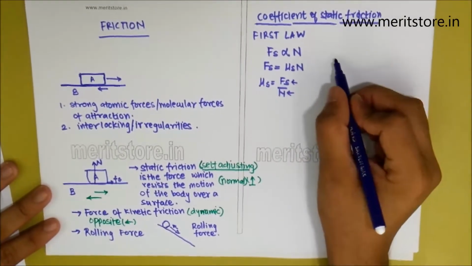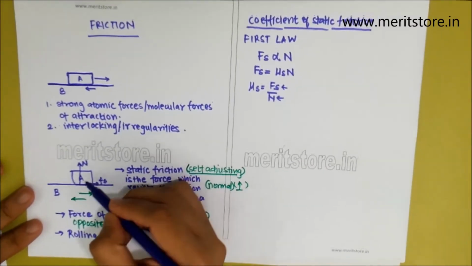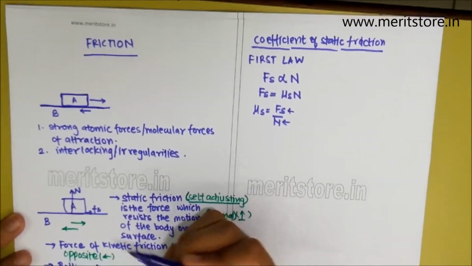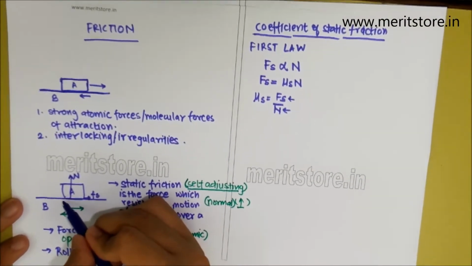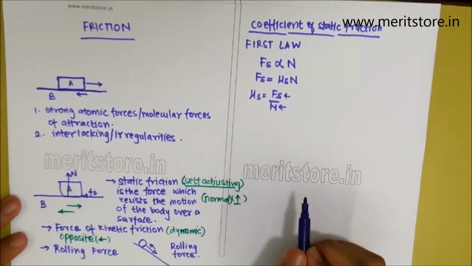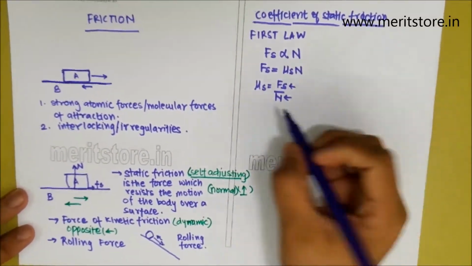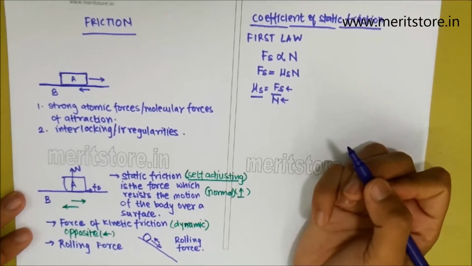So say for example, we take the same example, body A on body B. As long as the area covered by body A, which is in contact with body B, is the same, the force acting would be the same. The limiting force of static friction would also be the same.